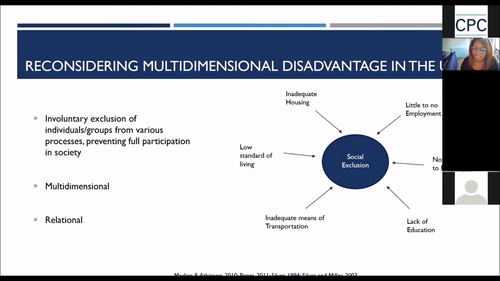It implies that a person can be excluded from housing, from employment, from education, transportation, low standard of living. And it also means that a person can be deprived of many different things at the same time. It recognizes the intersection of disadvantage from various spheres of life.